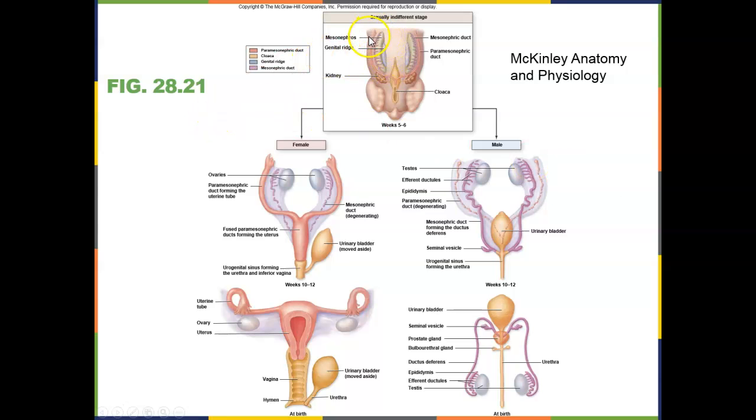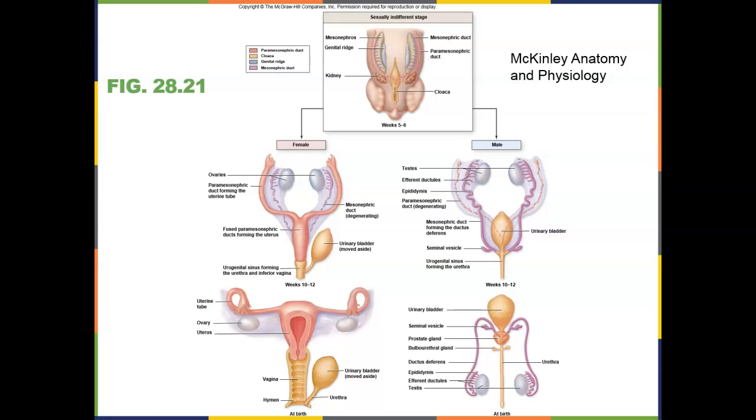So the gene that stimulates the mesonephric duct formation is known as the SRY gene on the Y chromosome. It is activated right around week 7, and that's the only time it becomes active, and it produces a huge surge in testosterone, which causes the mesonephric ducts to form.